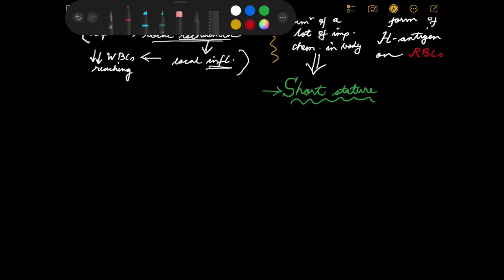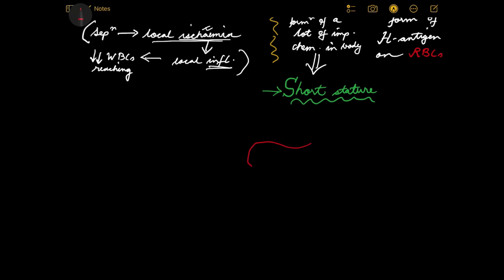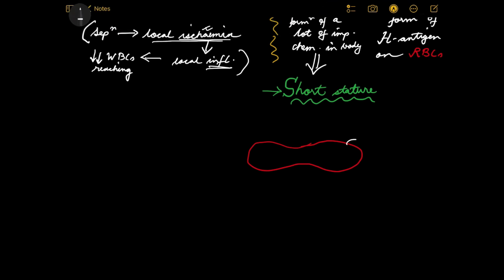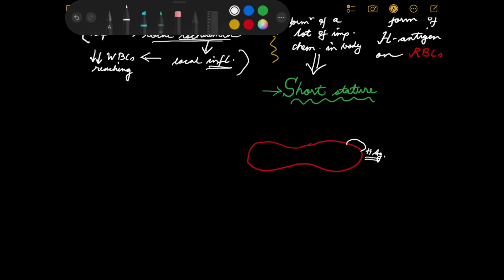Very quickly, suppose this is an erythrocyte. Erythrocytes have an antigen on them. This antigen is H antigen. H antigen may or may not have a few side chains on its side. There can be two types of side chains on H antigen present on the RBC membrane.